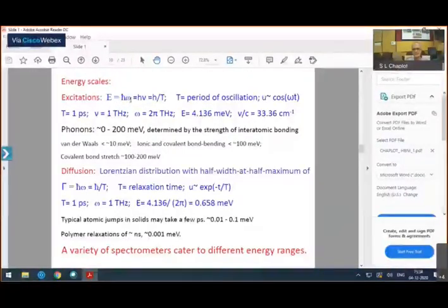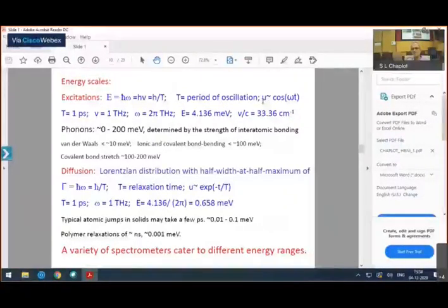Omega is the energy of the quantum of the excitation. It can also be written as h nu, where nu is a frequency, not the angular frequency. And nu can be written as 1 by T, if there is a period of oscillation, presumably a simple harmonic oscillator.